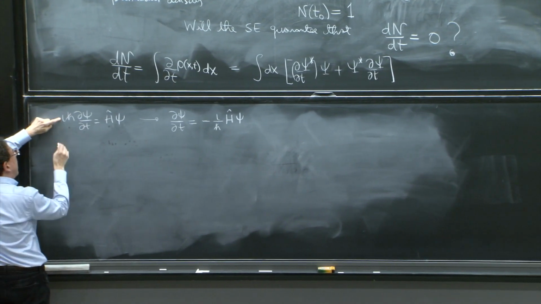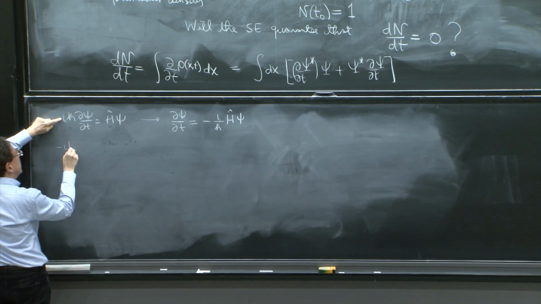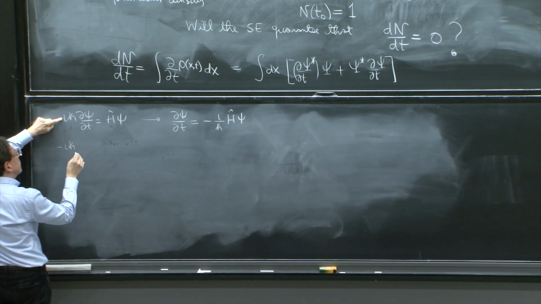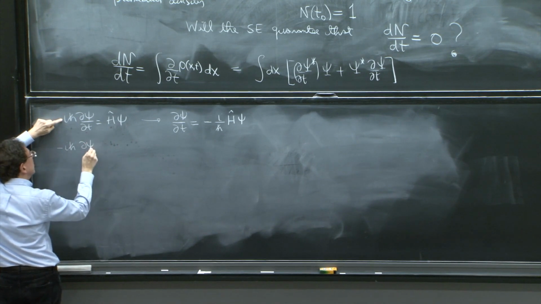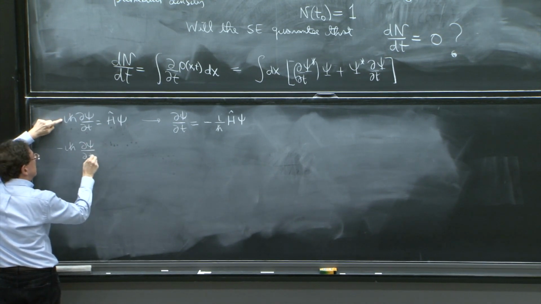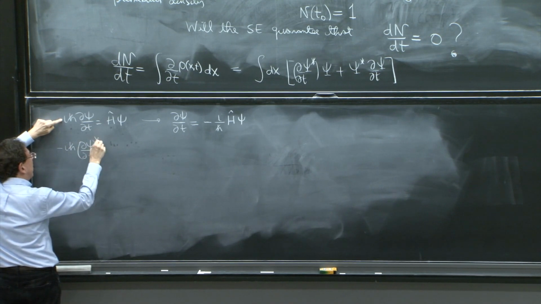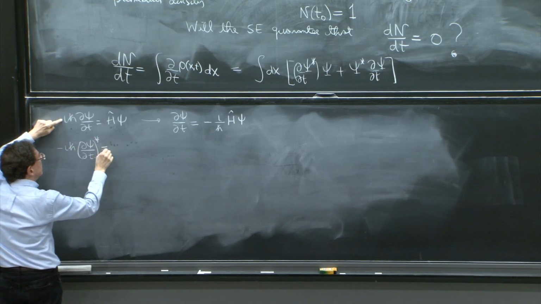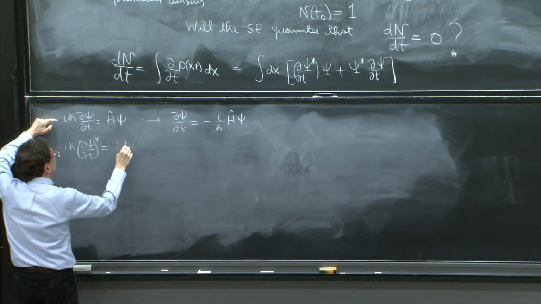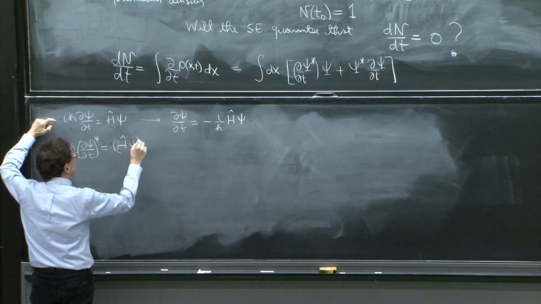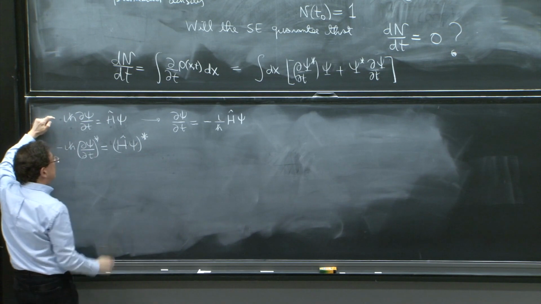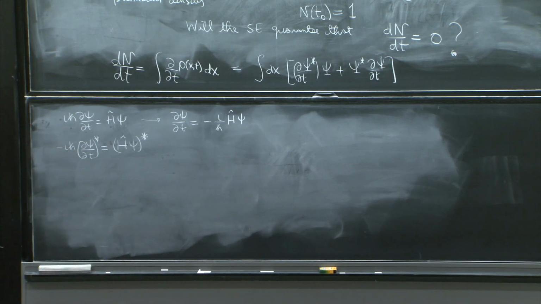Here I would have i goes to minus i, h bar. And now I would have, let me go very slow, d psi/dt star equals, and then I'll be simple-minded here. I think it's the best. I'll just star the right-hand side. I star the left-hand side and star the right-hand side.